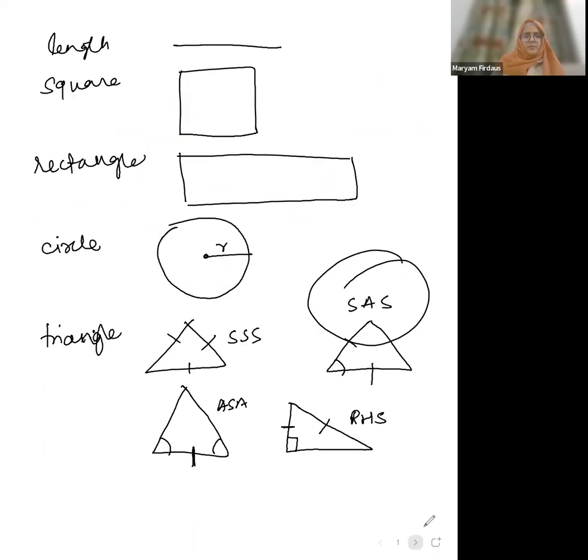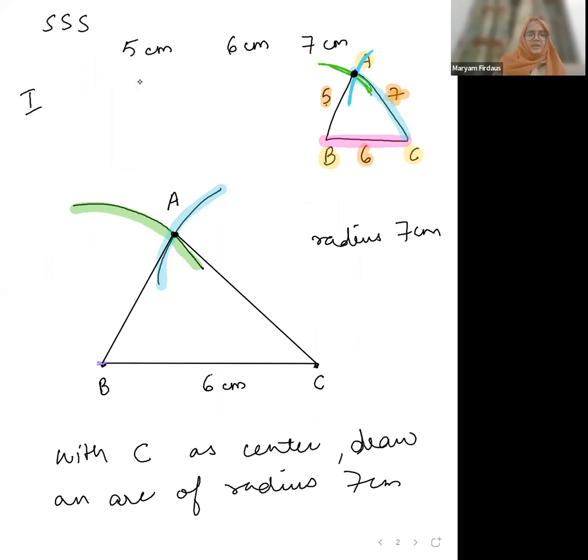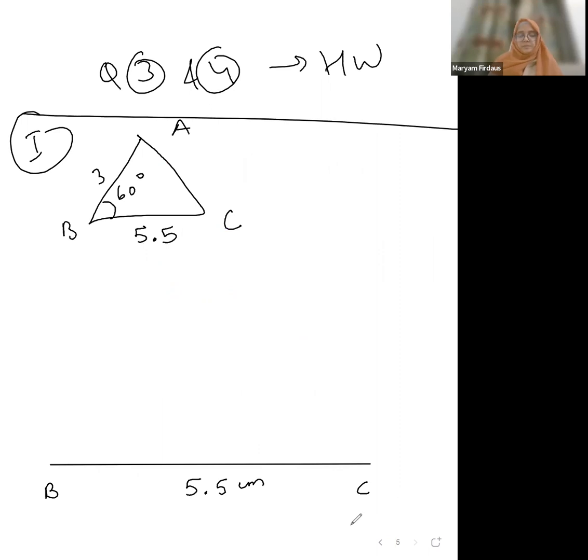So initially, we didn't know whether AB would be here or here or here. That means we didn't know at which angle it would be. But when it comes to the SAS condition, SAS rule, they have already told us that it will be at a 60 degrees angle and at a distance of 3 centimeters.